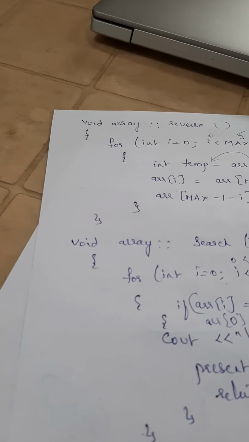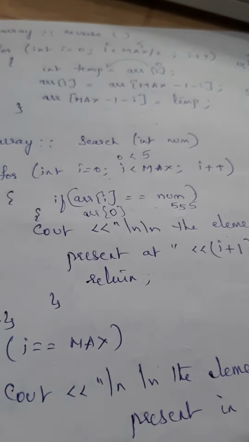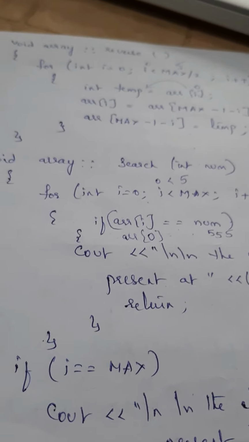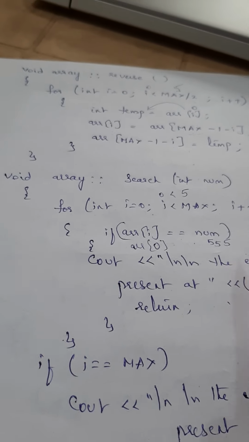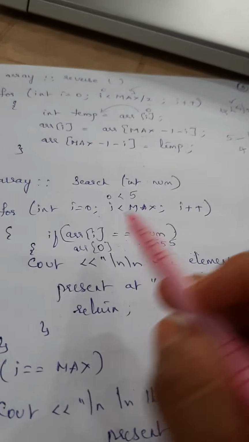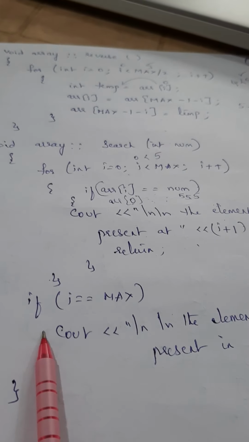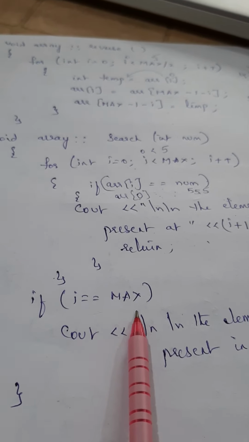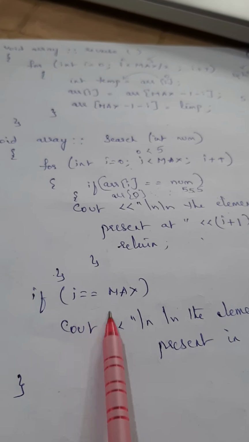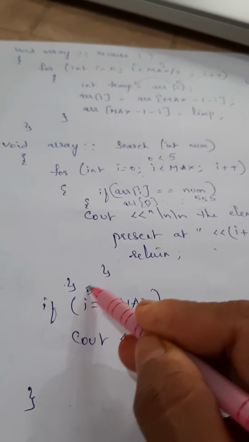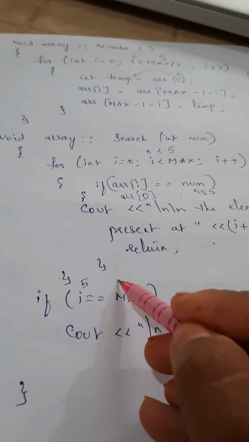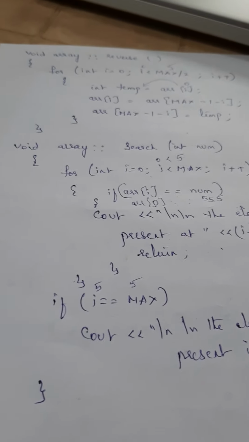If that is not happening, okay, when that particular position is reached, you will print the position and the memory location of that particular element and return to the main function. If suppose this is not the case, that is if array of I is not equal to number, then you will enter into the if statement: if I is equal to max, that is if I value is 5 and max value is 5, then the condition goes wrong.